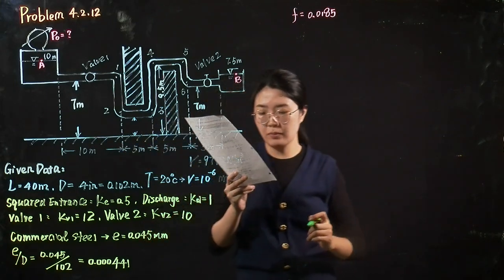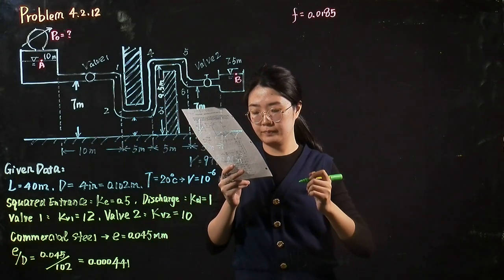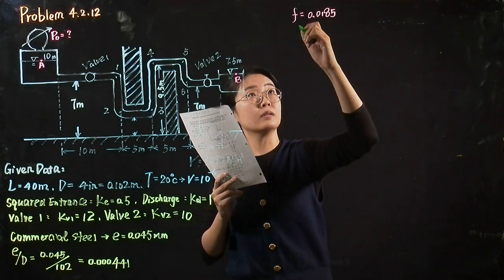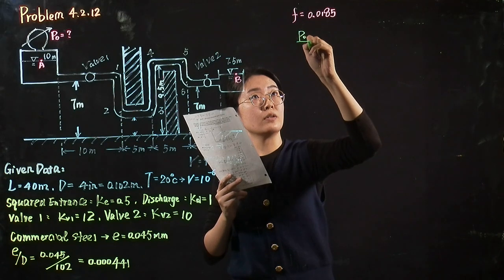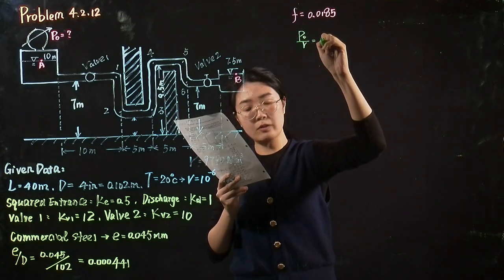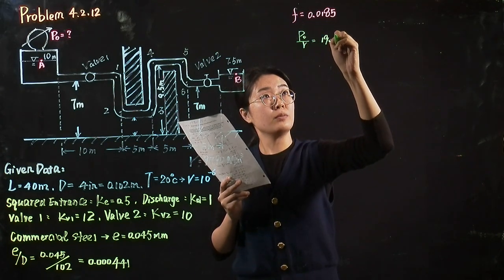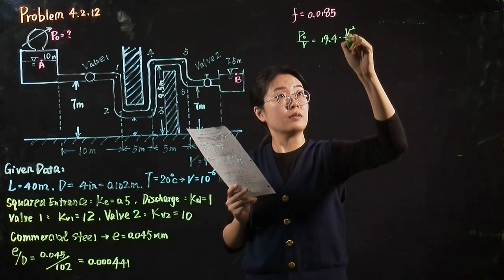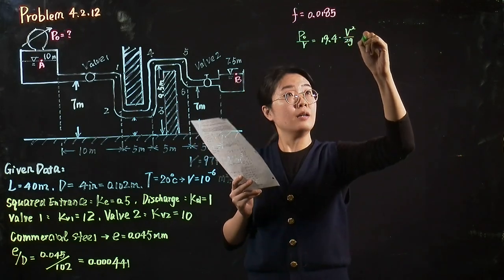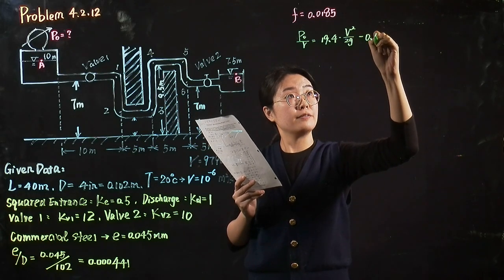The equation 1 is P0 over gamma equals 19.4 times velocity square over 2g minus 0.5.